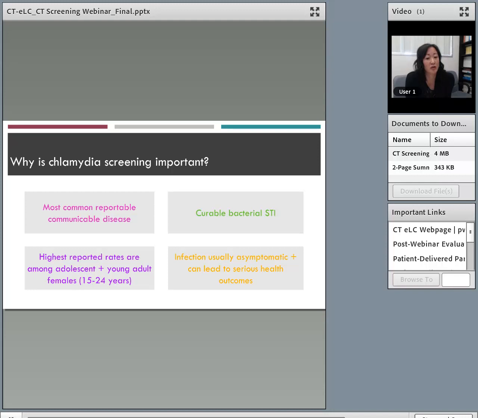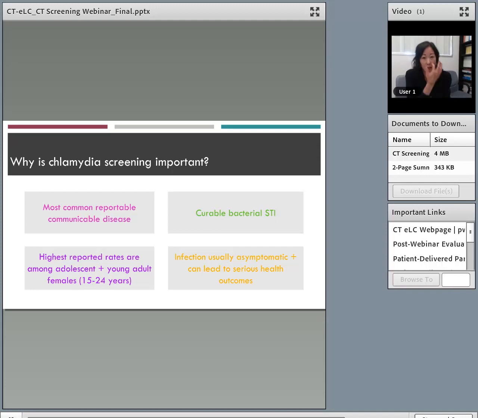It is usually curable with single-dose therapy, and curing the infection will prevent complications later on down the line, which we're going to talk about in a later slide. One thing we want to talk about in terms of chlamydia screening being important is that the highest rates are among adolescent and young adult females, age 15 to 24.